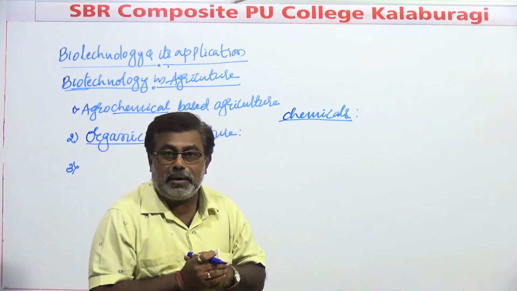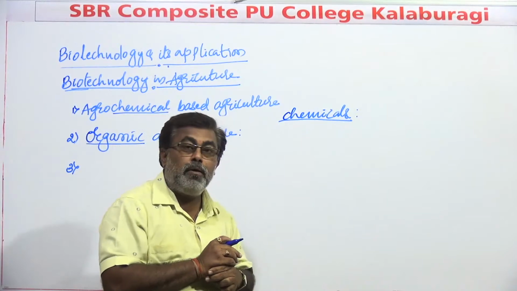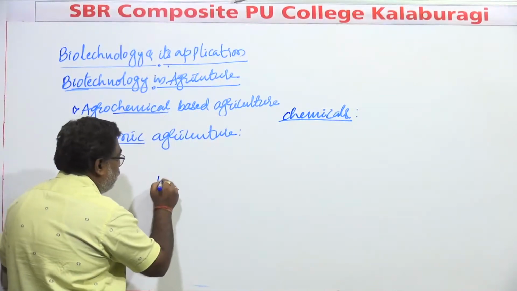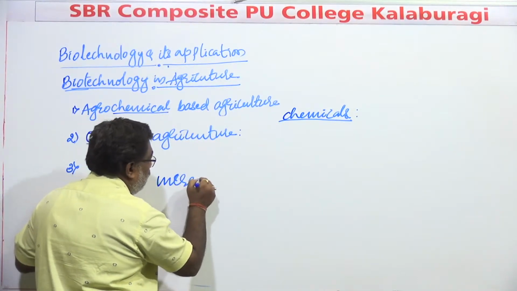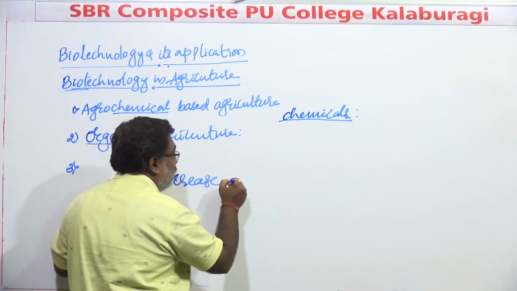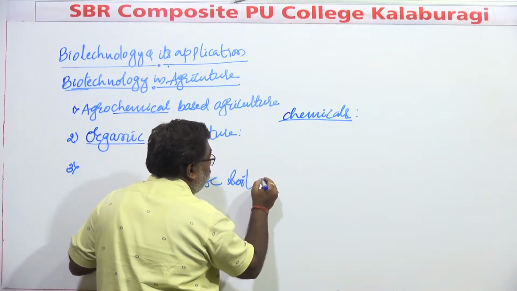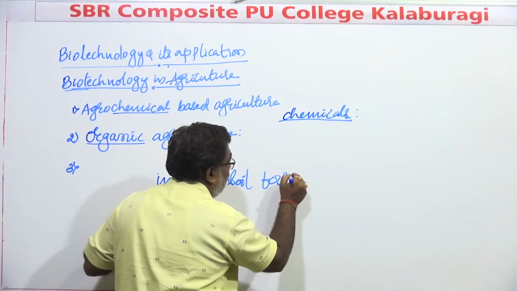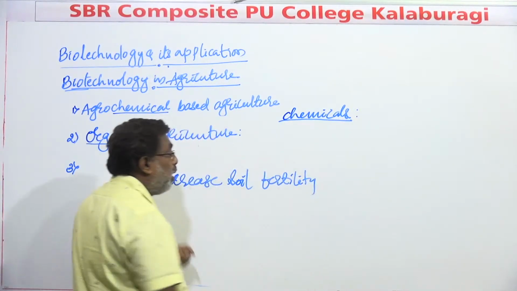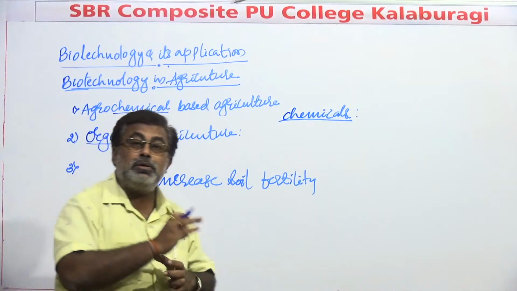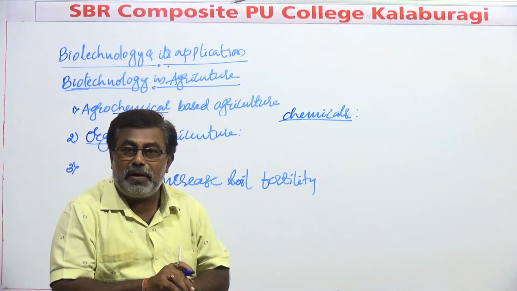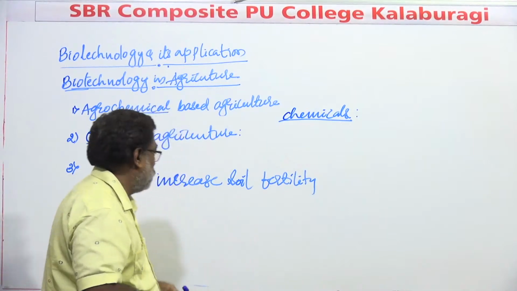They will apply the cow dung manure to increase the soil fertility. Cow dung manure or vermicompost will be used for increasing the fertility.